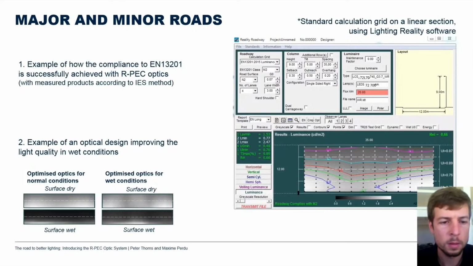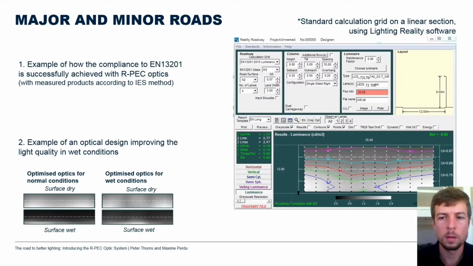And we have to develop optics in anticipation of the road going wet. This requirement is mostly used in Nordic countries of Europe, and if it has not been taken into account during the development, there is very little chance that a standard optic can comply with this lighting calculation.